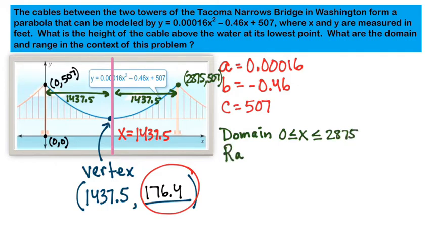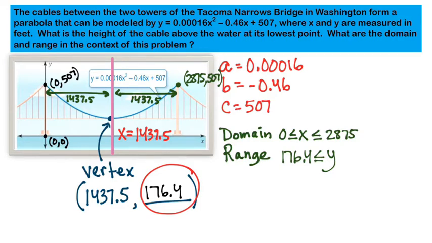For our range, that is a list of all y-coordinates of every point that could possibly be on our graph. The lowest part of the range we already figured out is 176.4 feet. So all of our y values will be greater than that. So we write y is greater than or equal to 176.4.